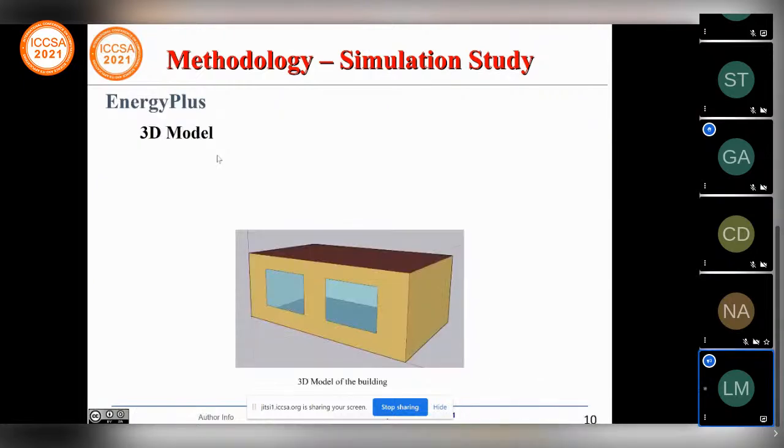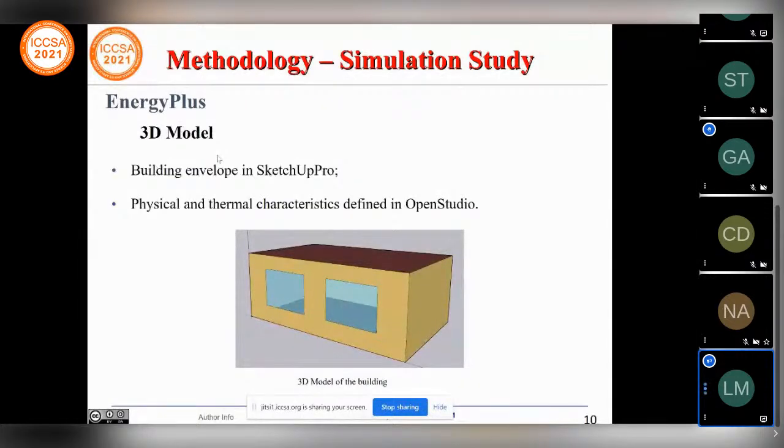In the case of Energy Plus, we use 3D software to design the building envelopes, SketchUp Pro, together with OpenStudio to define the physical and thermal characteristics. These software tools were very useful and user-friendly to connect with the Energy Plus code, which fulfills the ASHRAE 140 standard, used everywhere in the world.